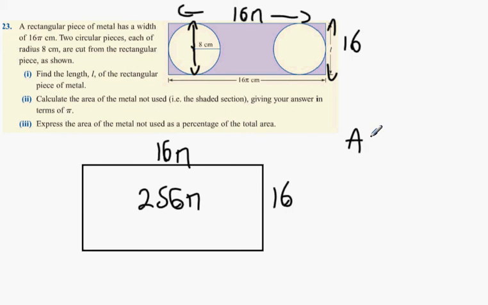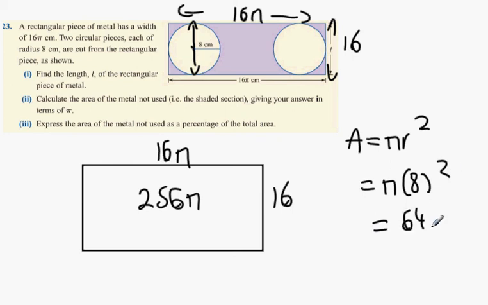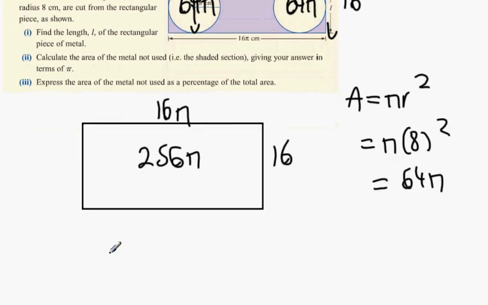The area of a circle is pi r squared, and it's just a matter of leaving pi where it is and putting in 8 squared. Each circle is 64 pi, so that's 64 pi. The other one here is 64 pi. So how much is left over? Minus 128.